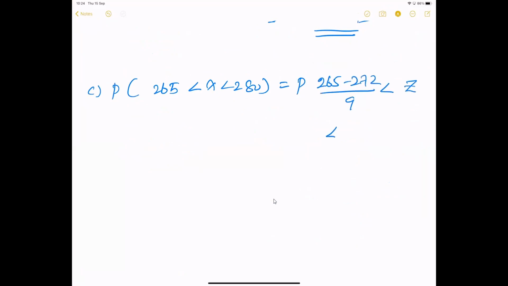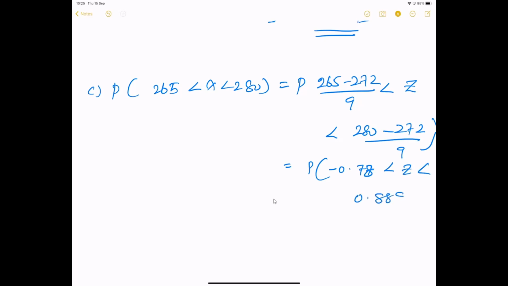Part C, it is between 265 and 280. This one should be 265 minus 272 divided by 9, this one should be Z. 280 minus 272 divided by 9. This one should be minus 0.78, and this one is 0.889.